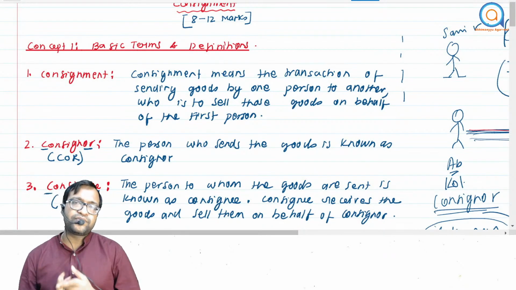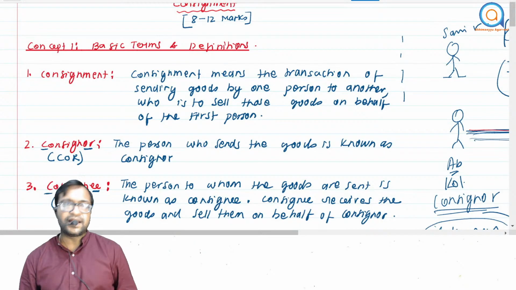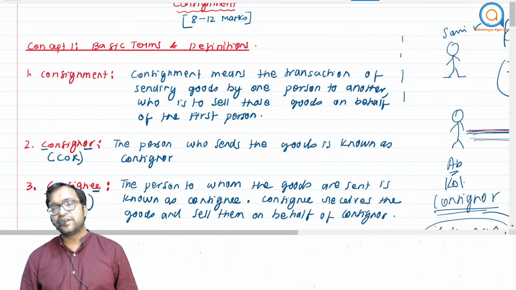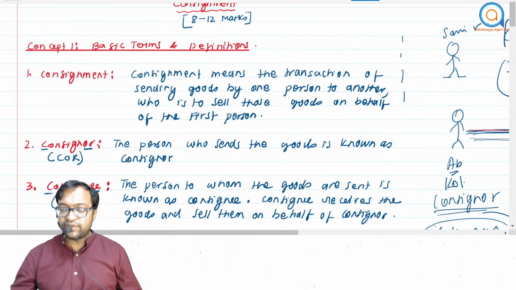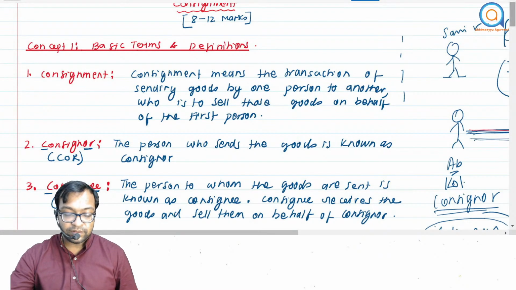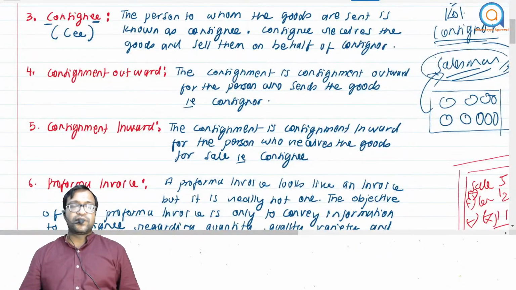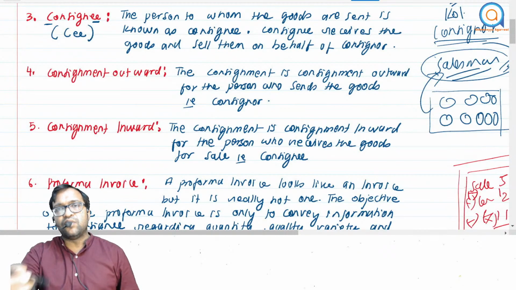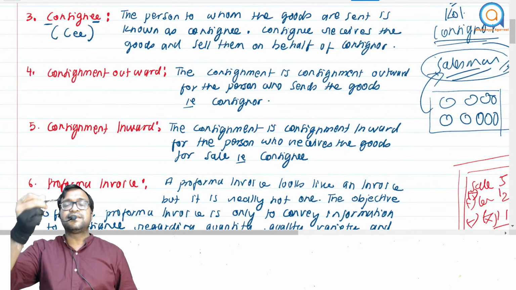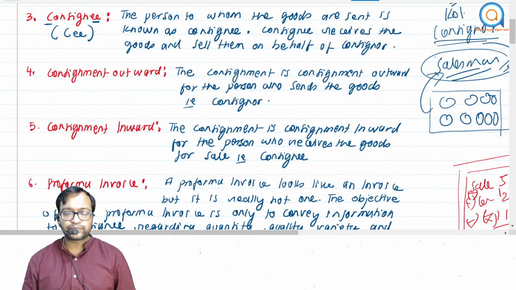The relationship between consignor and consignee is that of a principal and agent. For doing this work, the consignee will get commission. For the consignor it is consignment outward, but for the consignee it is consignment inward.